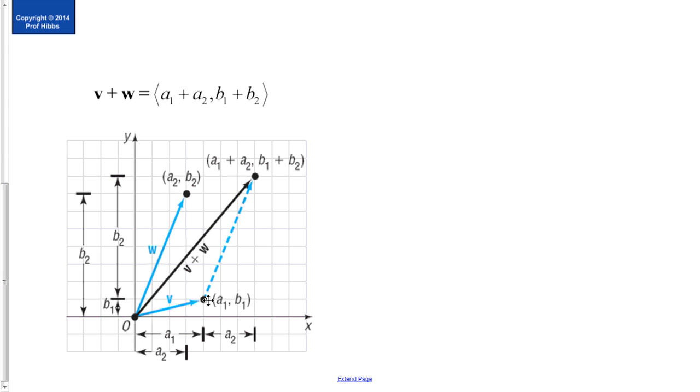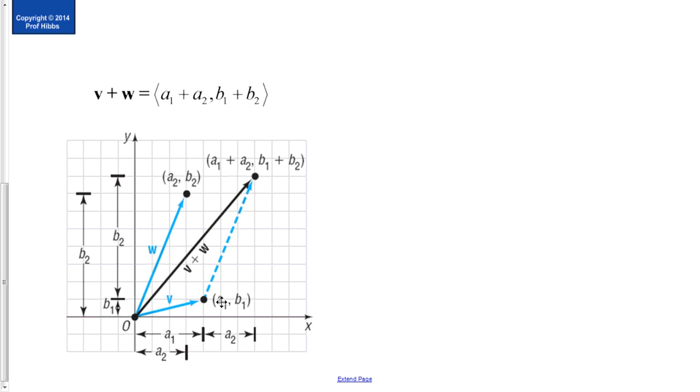Now, what does vector w do? Vector w has a horizontal component of a sub 2. So we would have to move horizontally a sub 2 units, and that's what this is illustrating down here. This is the distance a sub 2.